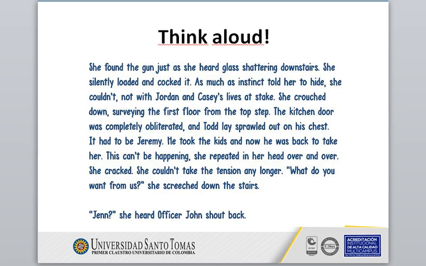Is Todd her husband, brother, best friend? It had to be Jeremy. He took the kids and now he was back to take her. This can't be happening, she repeated in her head over and over. She cracked. She couldn't take the tension any longer. What's happening? What do you think is going to happen next? What do you want from us? She screeched downstairs. Jen? She heard Officer John shout back.